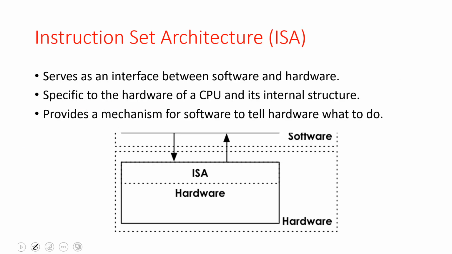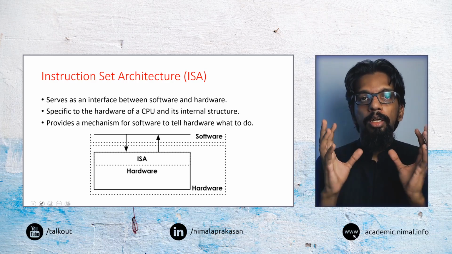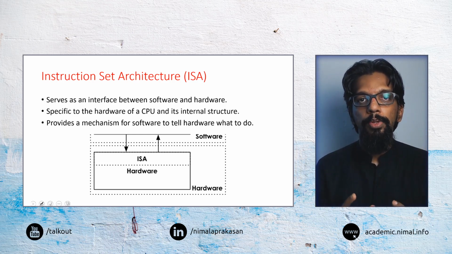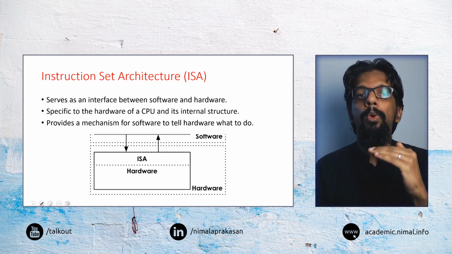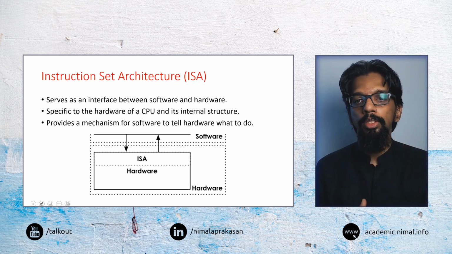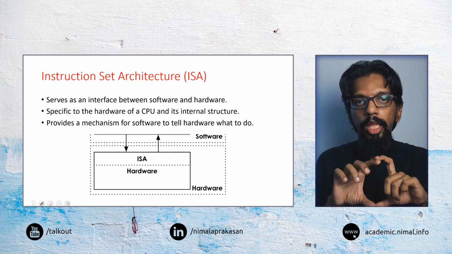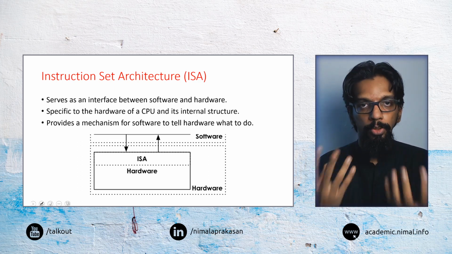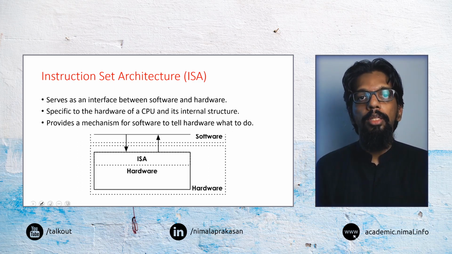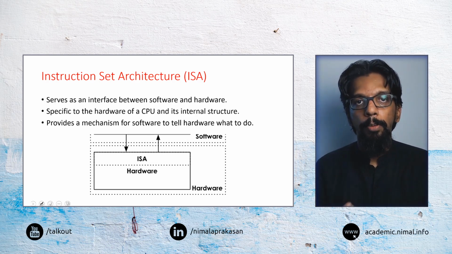So this set of instructions that are there in a CPU, the main role of these instructions is to bridge the gap between various software components and the hardware component. We know that the hardware component of the CPU is where the computation is going to happen, and it is the one that is going to implement those computations.